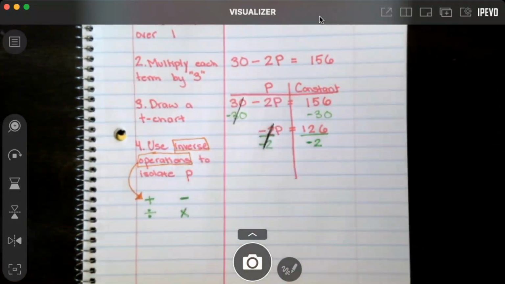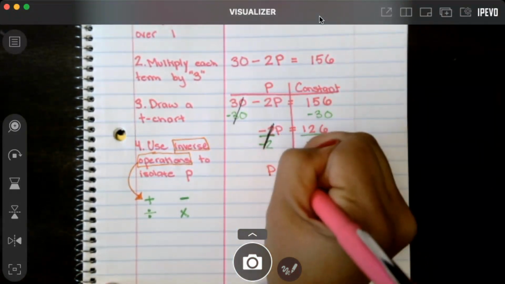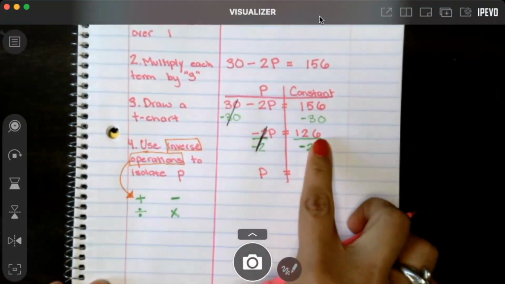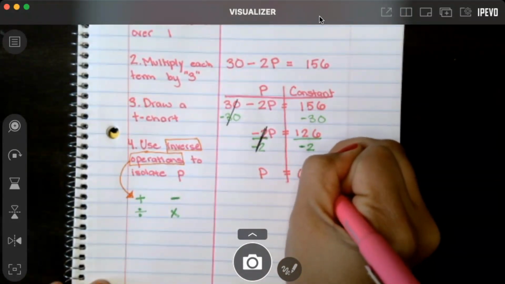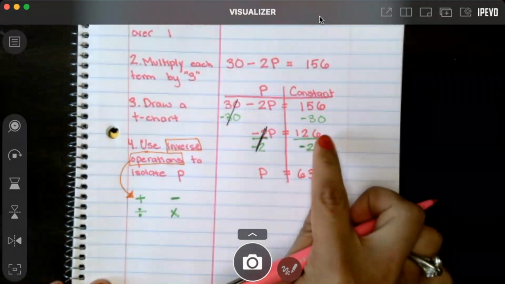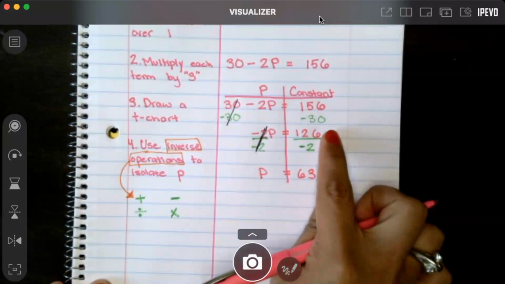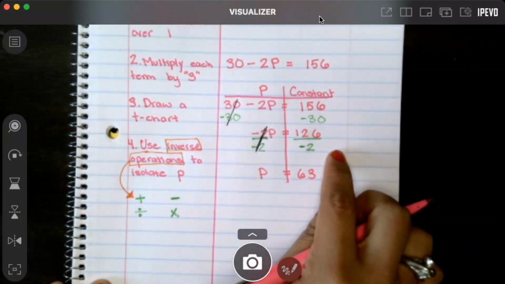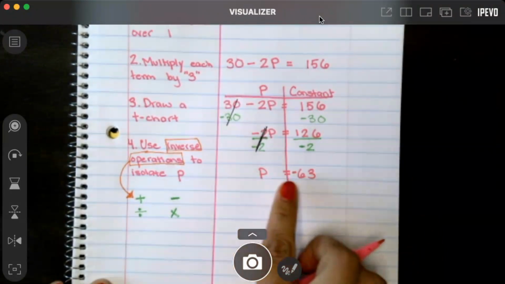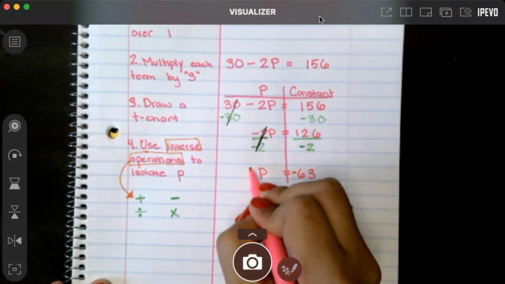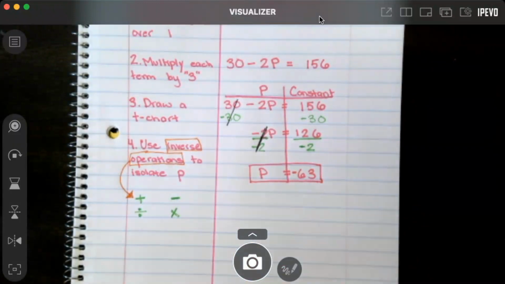That's what we decided at the beginning, that we want to be just left with p. So we have p equals, now I know 126 divided by 2 is going to be 63, but I've got to be really careful here. This is a positive 126 divided by a negative 2. What's a positive divided by a negative? It is a negative. So p equals negative 63. And that is your final answer.